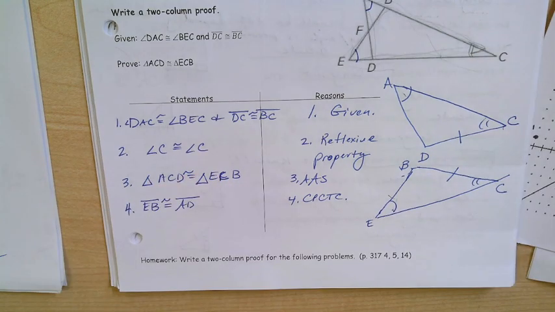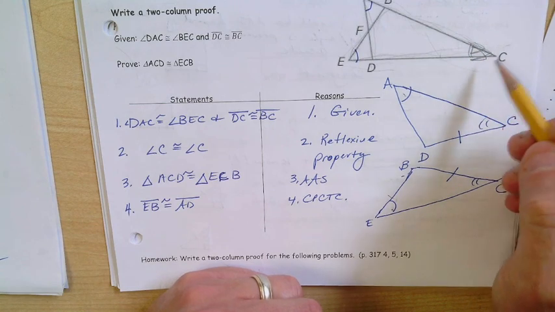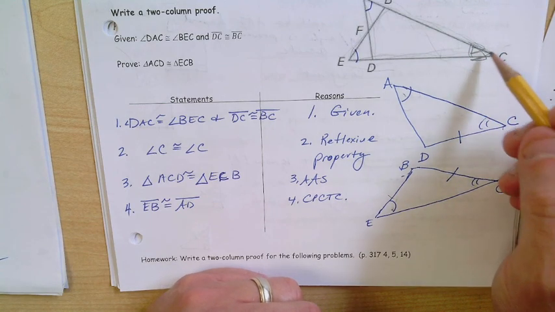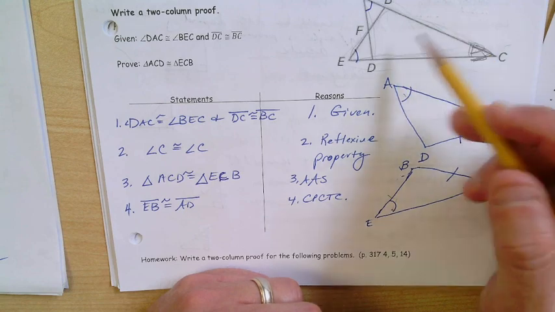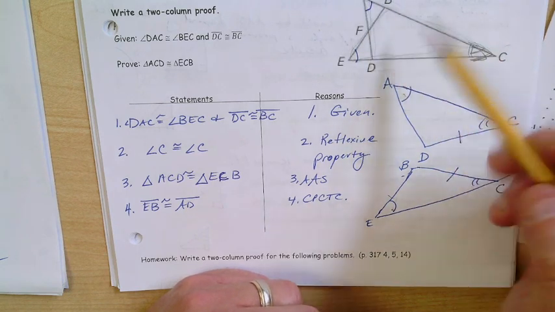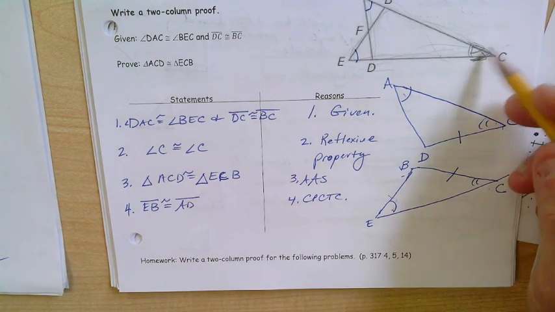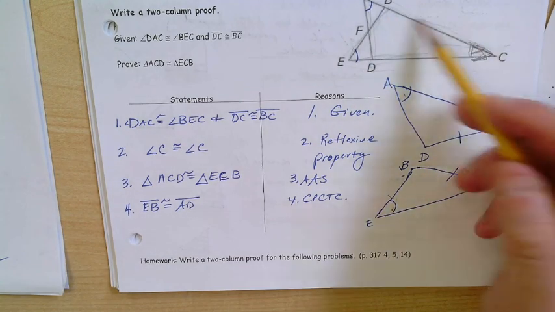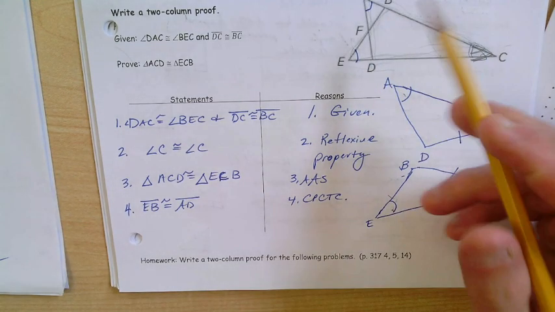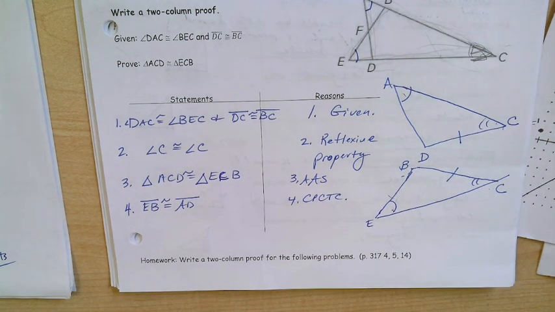And so I can say that this angle at C is the same measure and is the same angle as this angle at C as well, in the triangle DAC. So this angle right here is the same in both of these triangles, CEB and DAC. Okay? Same angle.